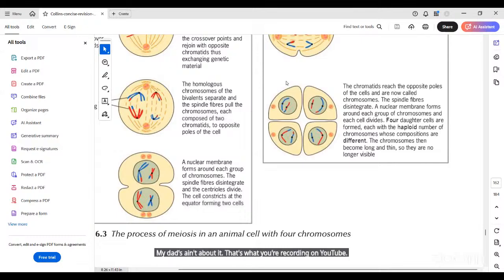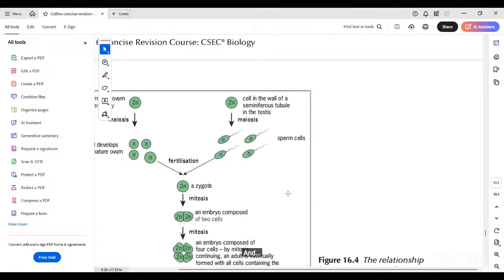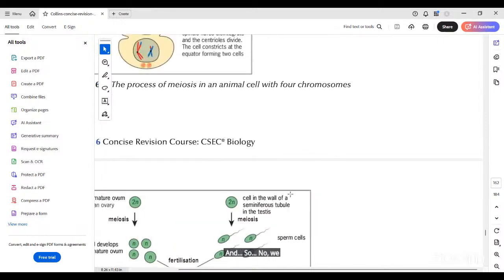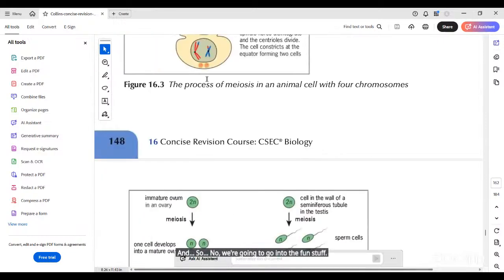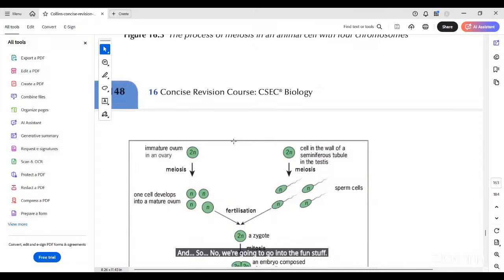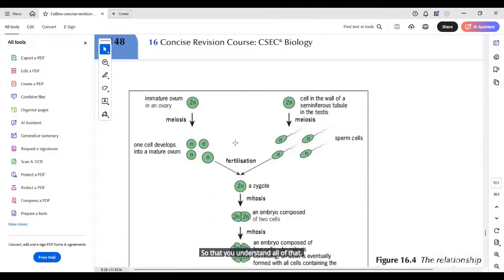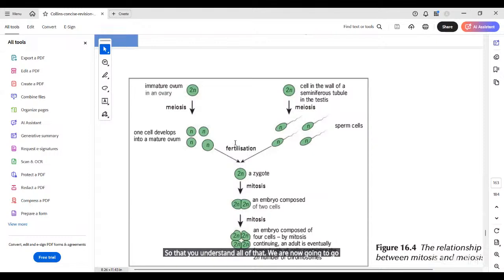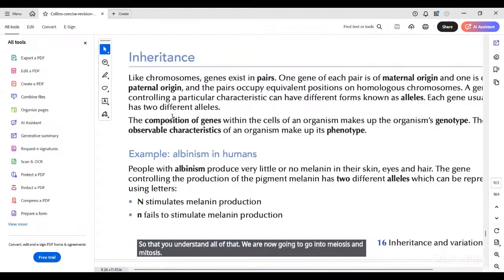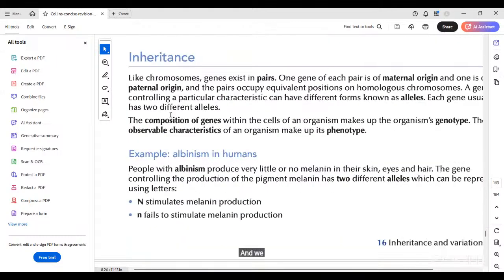All right, so now we're going to go into the fun stuff. Now that you understand all of that, we are going to go into meiosis and mitosis, and we're going to go into inheritance.